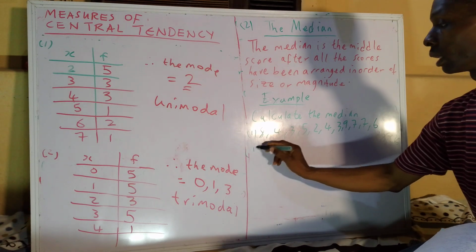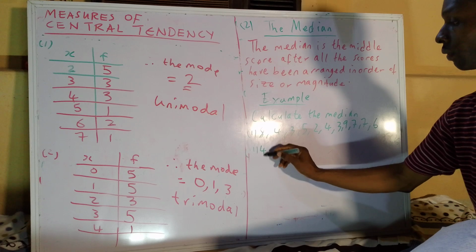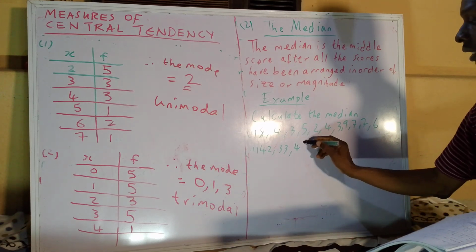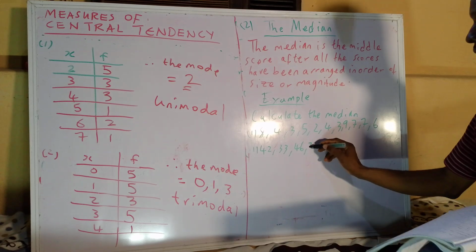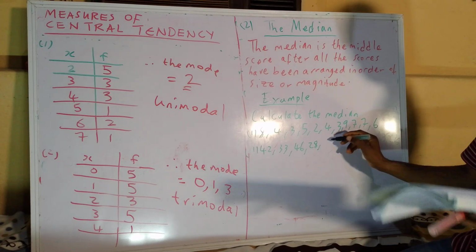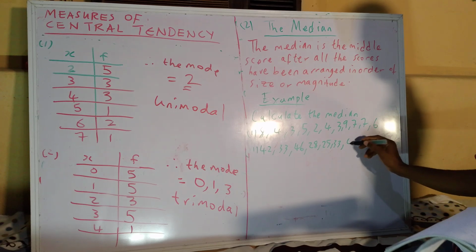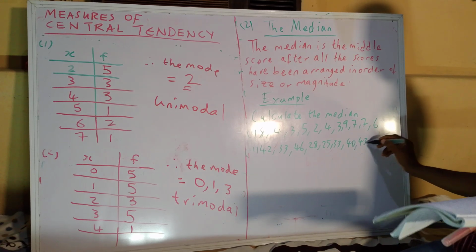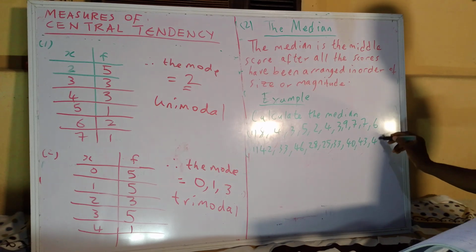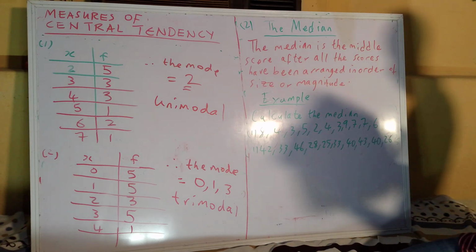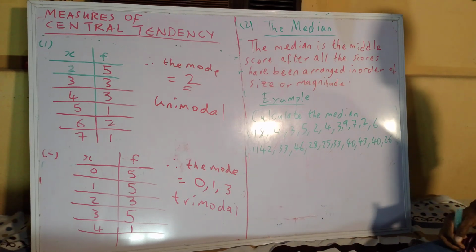So here we have 42, 33, 46, 28, 25, 33, 40, 43, 40, and 26. So now, calculate the median.